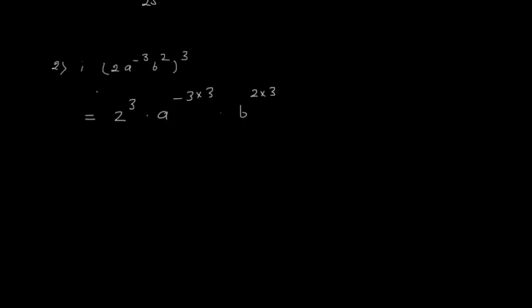So finally I will get 8 a power minus 9 into b power 6. Now this is 8 b power 6, and this a power minus 9 I will write in the denominator as a power 9. So 8 b power 6 upon a power 9 is the final answer.